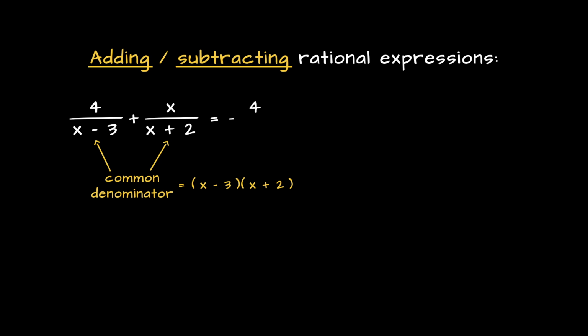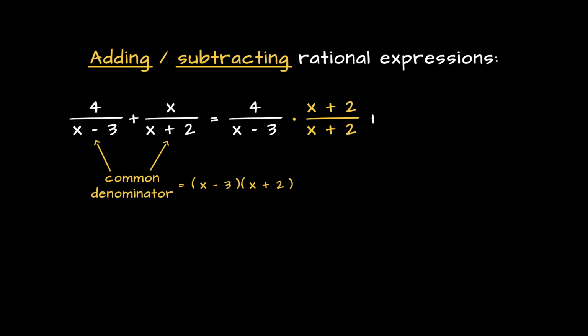We're going to take the first term in our sum, that's 4 over x minus 3, and multiply it by x plus 2 over x plus 2. That's going to give that term a denominator of x minus 3 times x plus 2 while keeping its value unchanged. That's exactly why we multiply by x plus 2 over x plus 2, which is just equal to 1.